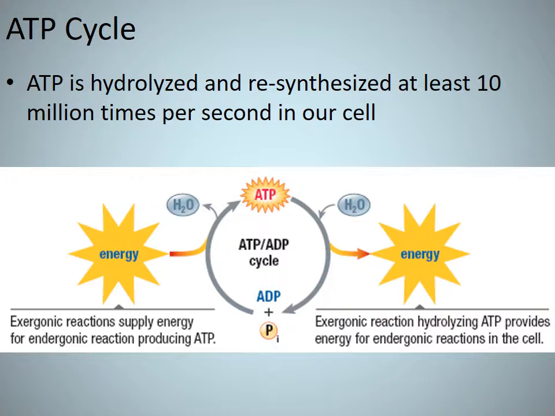Obviously, where we get this from would be in our glucose, or from our diet. We break down food, we absorb it in our body, we transport it into the cell. The cell will break down that food or glucose and store that energy in the form of ATP.